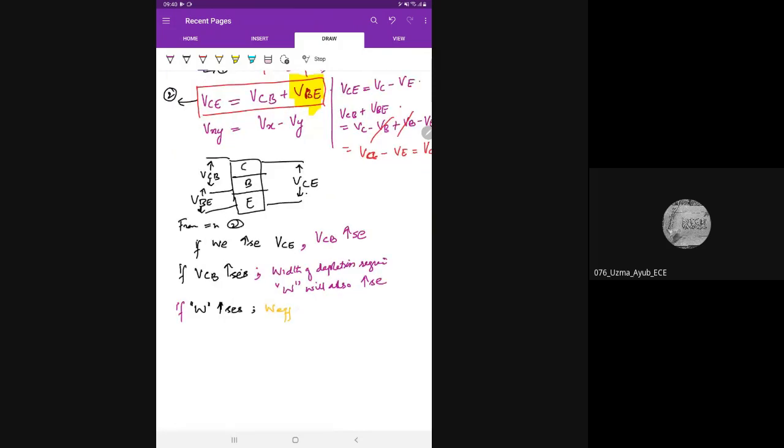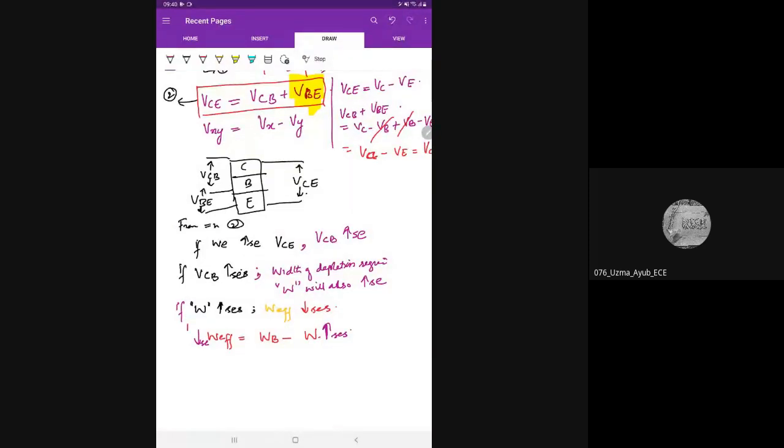So the effective width of the base decreases. Why am I saying so? Because effective width is equal to actual width minus depletion region width. If the depletion region increases, then the effective width has to decrease.